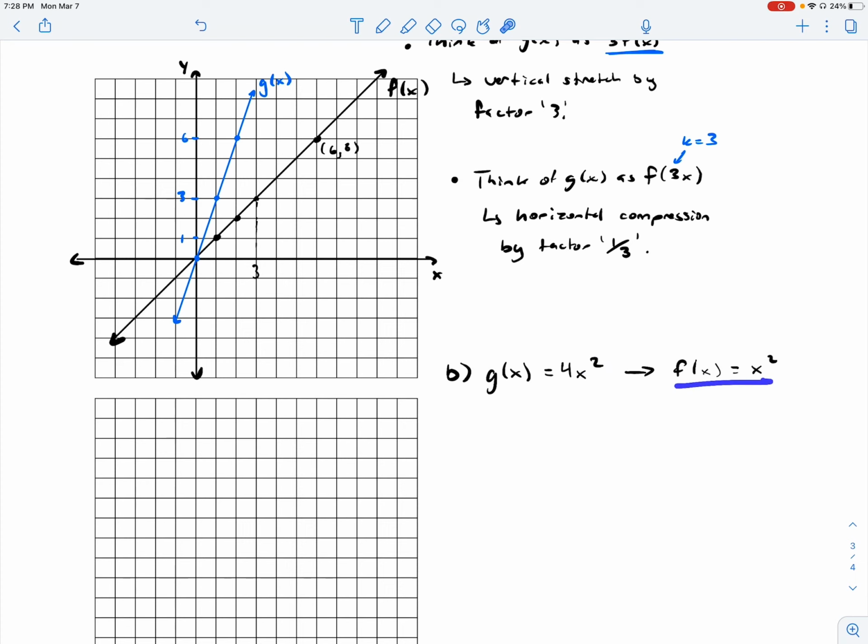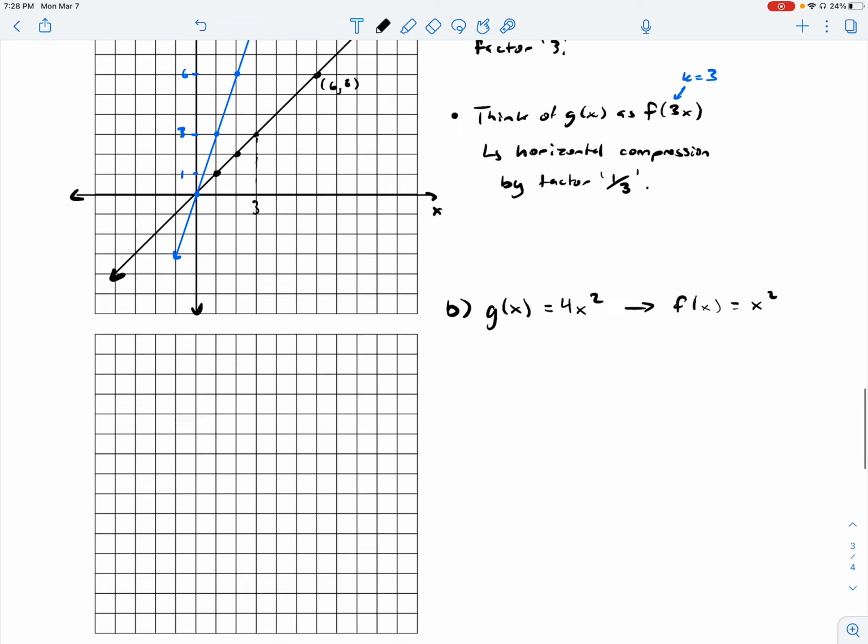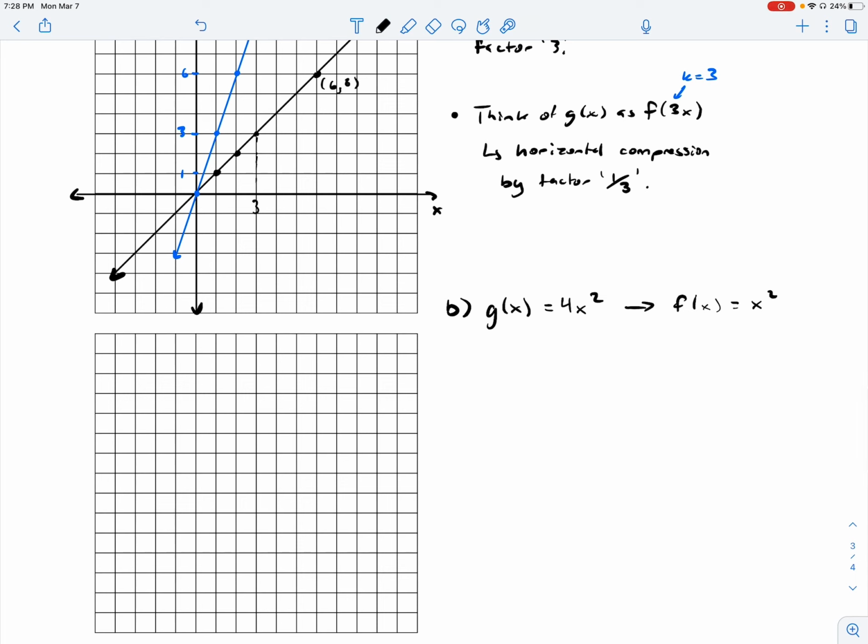It has to be this one for the base function. All right, let's talk about the two ways that we can think about this function.